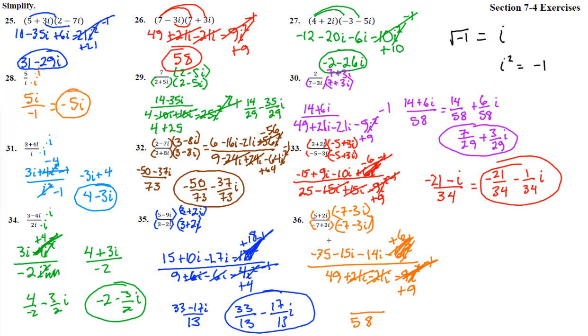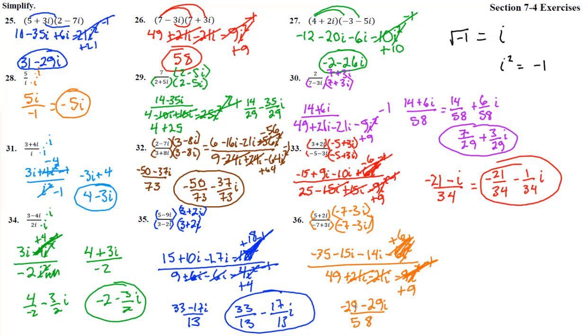Okay. We've had that a few times, it looks like. And so we're here with negative 35 plus 6. That's negative 29. And then minus 15 minus 14 is a negative 29i. Oh my goodness. 29 can factor out of the top and cancel with that 58.